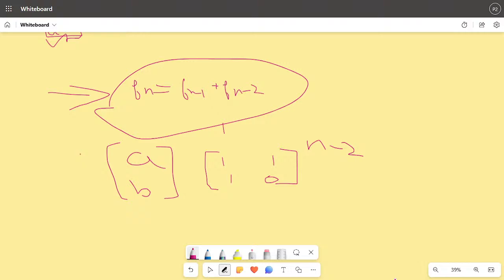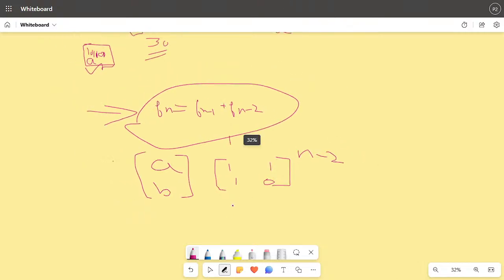Okay, so now we just have to find this matrix, and this matrix is simply the previous question, that what is a to the power b, and we can solve it in the same manner. So in essence we have solved all the finite term linear recurrences in logarithmic time.